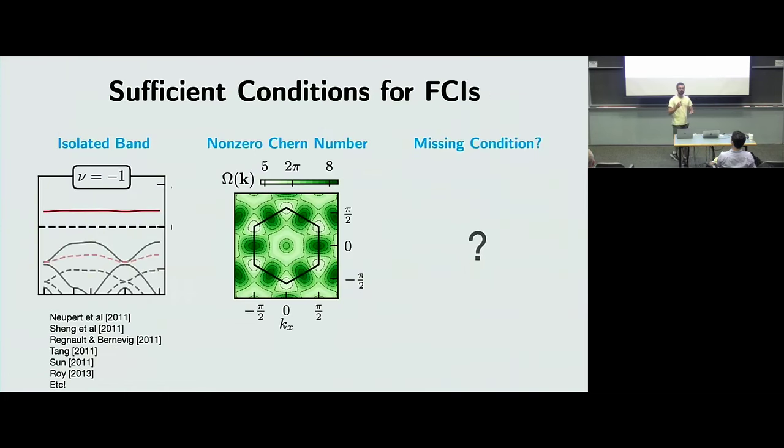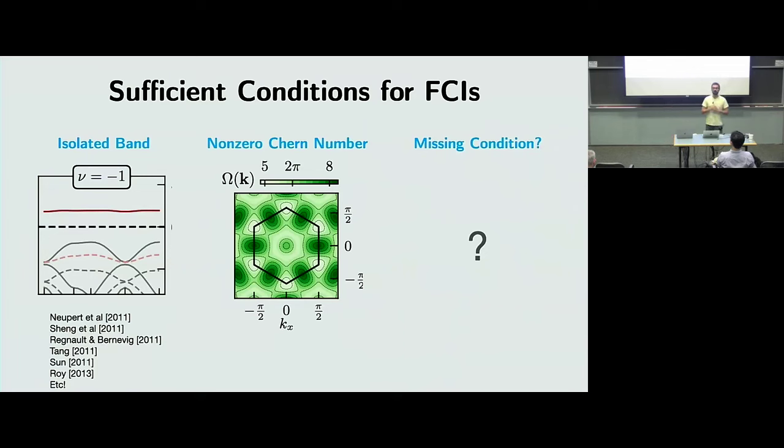And I want to start by saying some sufficient conditions we know theoretically for this physics to appear. It was known basically from the outset that you need an isolated band for fractionalized physics to appear, so the interactions can be very strong and play a crucial role. And you also need a Chern band so that you have topology in the mix to mimic Landau level physics.